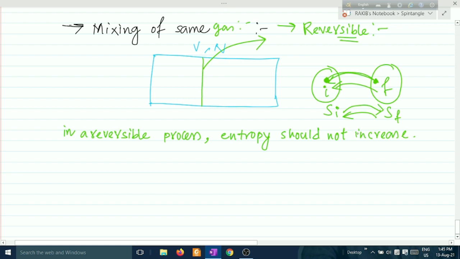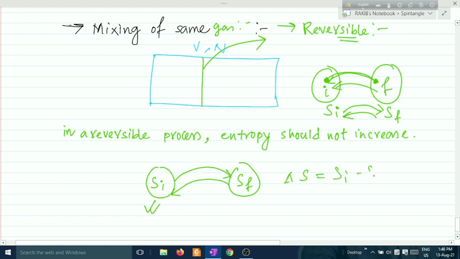Therefore, what is the final entropy? The final entropy will be Si, because the process ends where it started. Therefore del S will be S initial minus S initial.